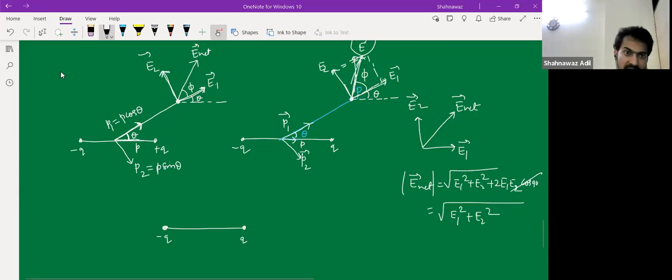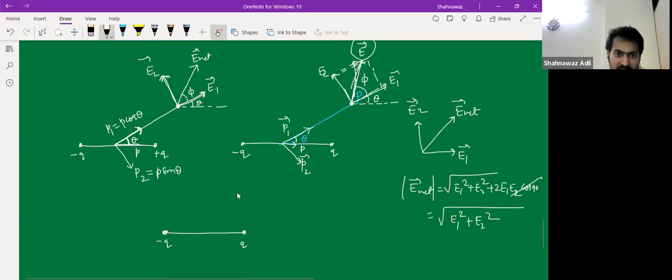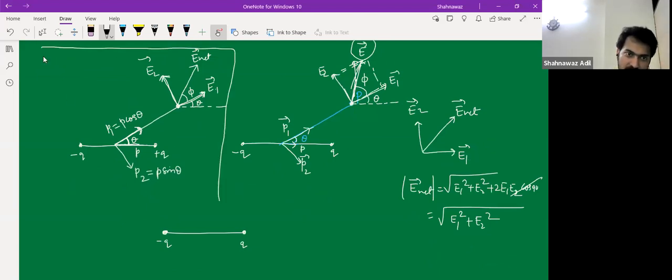In calculating the general point, I am doing the derivation. You just need to remember the formula, but I am showing you how you get this. This diagram is the important part. When you understand this diagram, you can find the electric field at the general point.